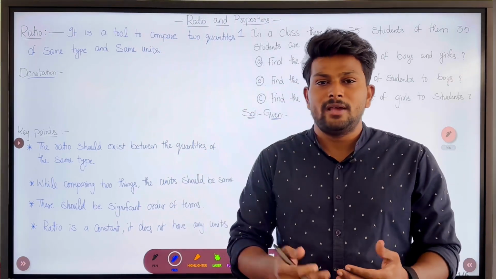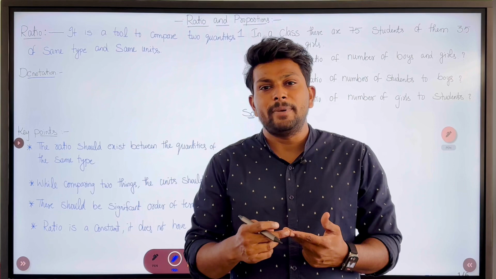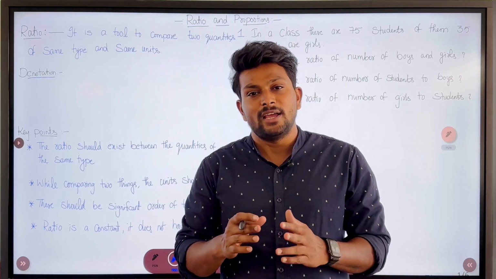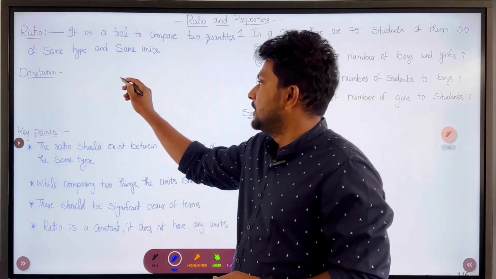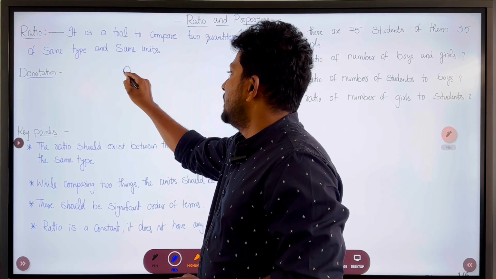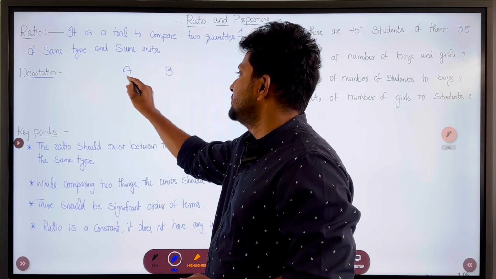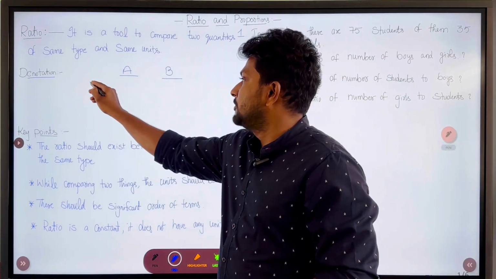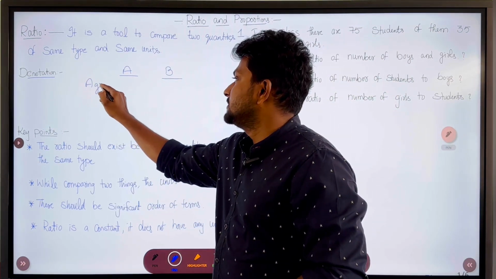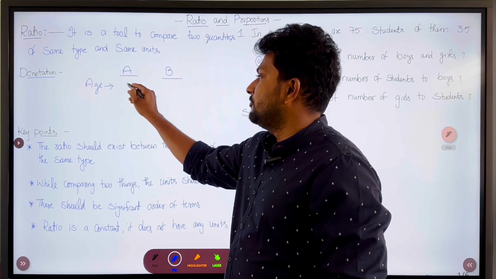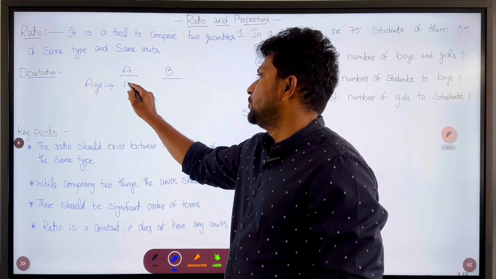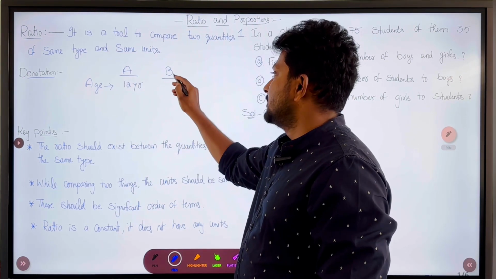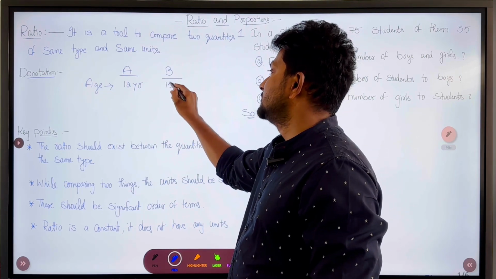So if we compare two persons, we need to compare ages with age only. For example, let us take A and B are the two persons. If we compare the age, the age of A is, let us say, 12 years and the age of B is 15 years.